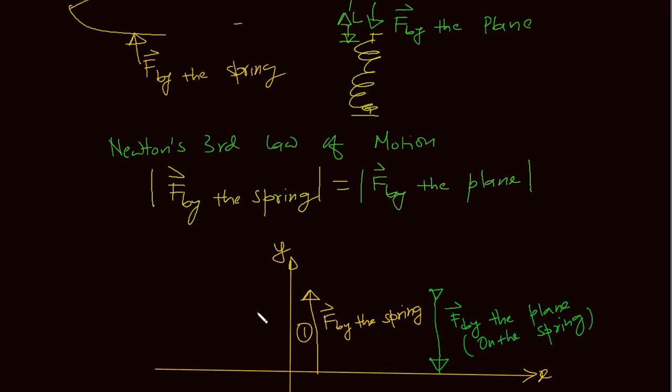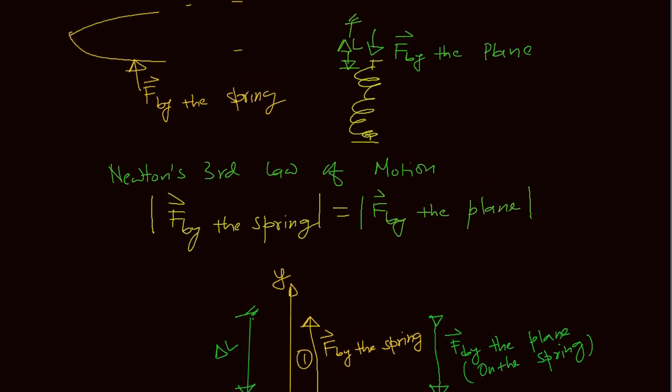And then let me also draw the compression, delta L. So delta L is also in the downward direction. So we have three vectors here: force by the spring on the plane, force by the plane on the spring, and the deformation delta L.